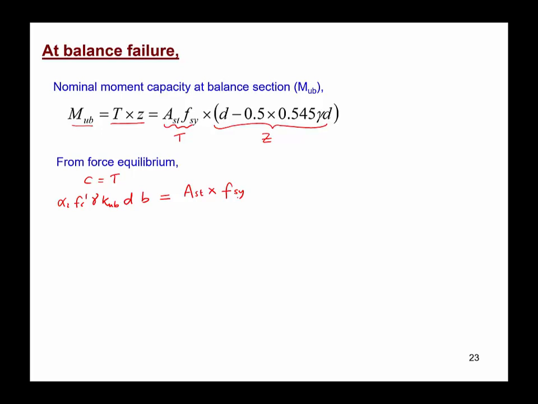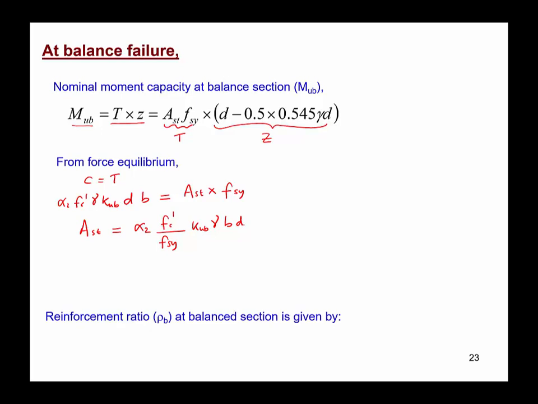All the parameters including kub are known, so we can find Ast. We can find the area of steel that will give the balance failure mode, and correspondingly we can also find the reinforcement ratio for the balance section.